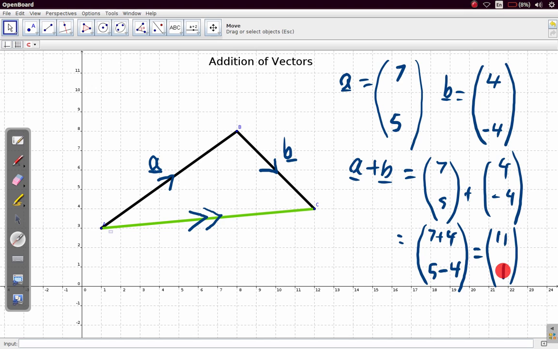Positive 1 is the vertical component. So this implies that we moved 11 units to the right, and then 1 unit upwards. So you see, we can actually add the vectors using drawing, as in this case, or using matrices, as in this case.